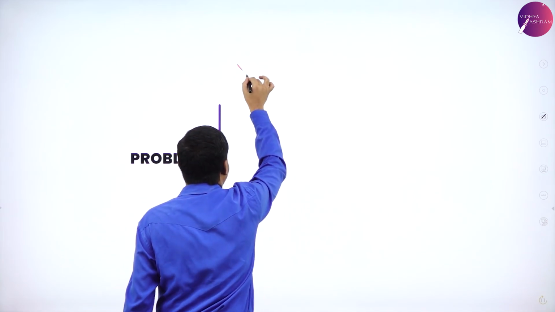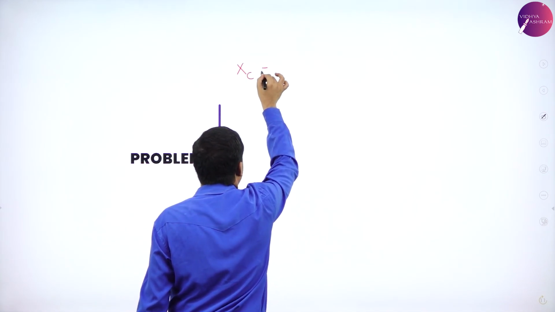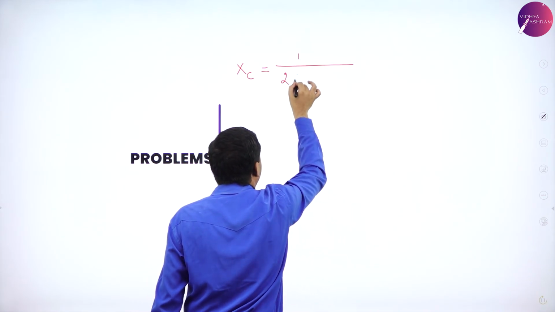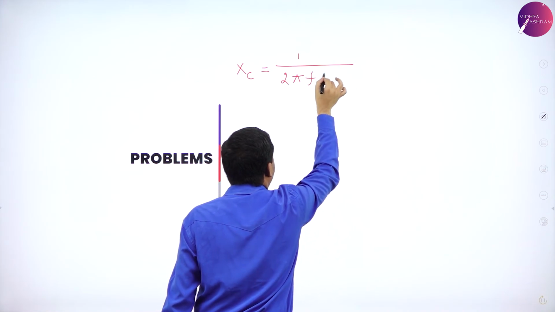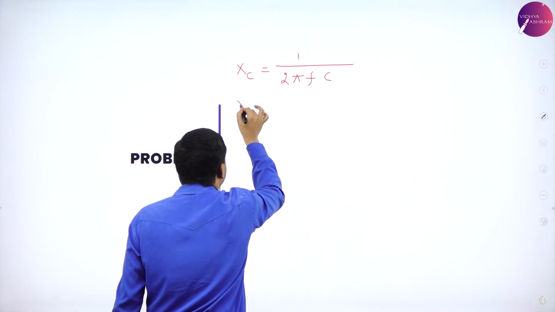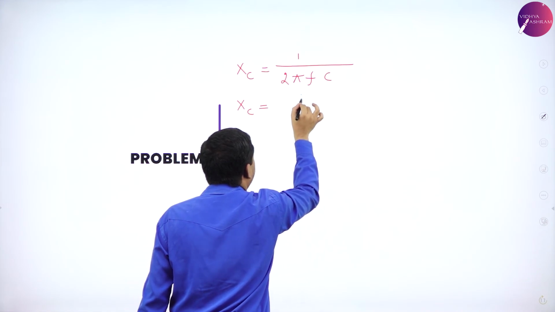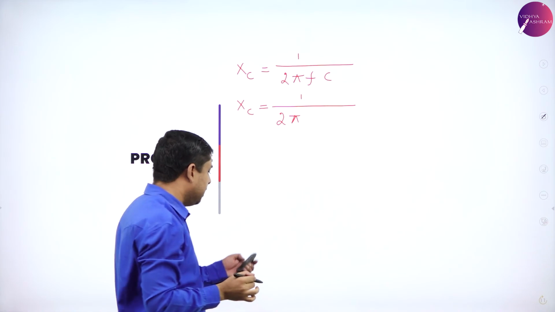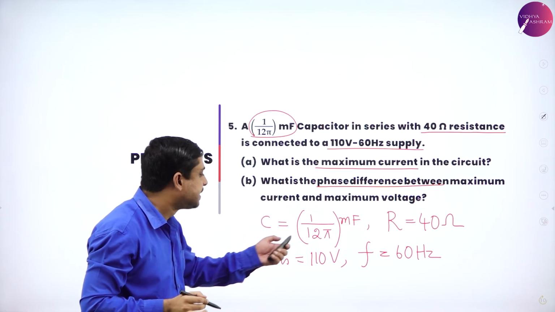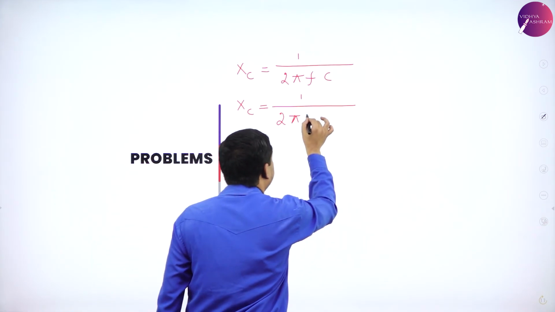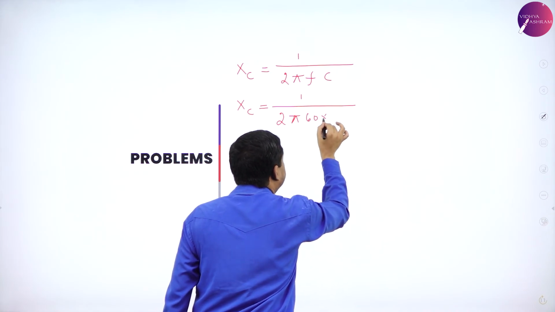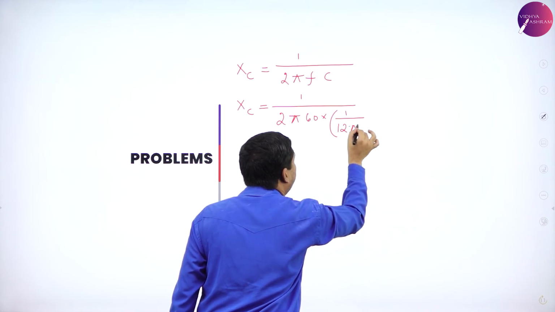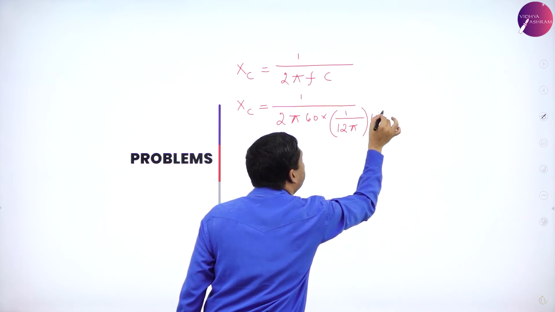first calculate XC. Quite interesting calculation. 1 by 2 pi FC. So XC will be 1 by 2 pi. Now what is the value of F? 60 into the capacitance is 1 by 12 pi into 10 power minus 3.